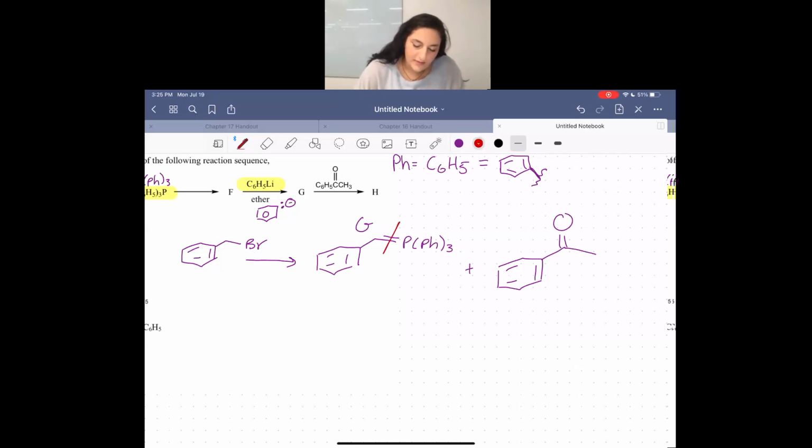O and Ph are going to go have fun. We don't really care. But we do care about what happens to the Wittig side. This is the side from our ketone, and it's double bonded to the side with the Wittig reagent. Sorry, the way I drew it is not cohesive. Ta-da.